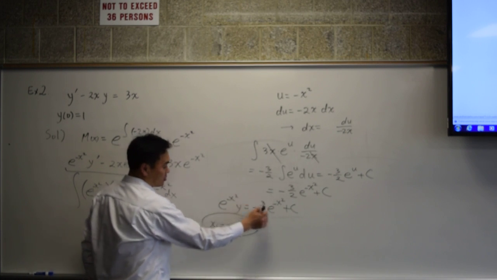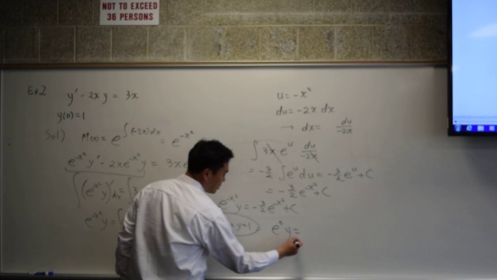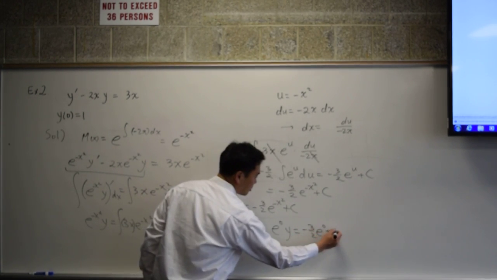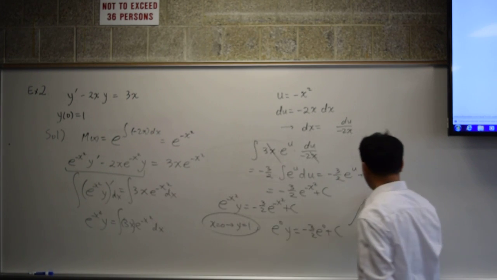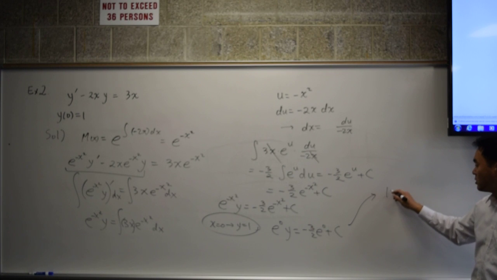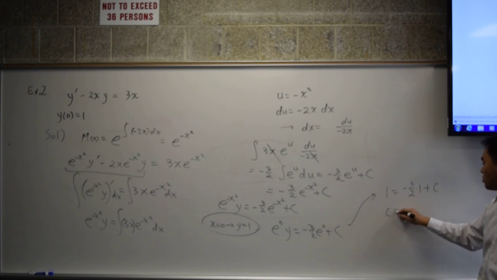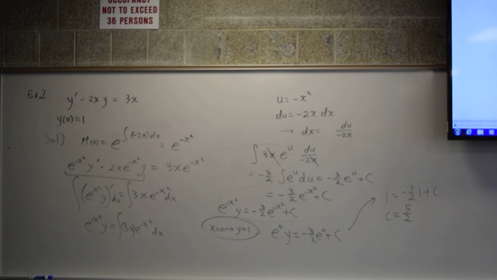If x is 0, I have e to the 0th power, which is 1, times y, equals negative 3 over 2, e to the 0, plus c. That's 1, y is 1. So you end up with the equality that 1 is equal to negative 3 over 2 times 1 plus c. So c is equal to 5 over 2.